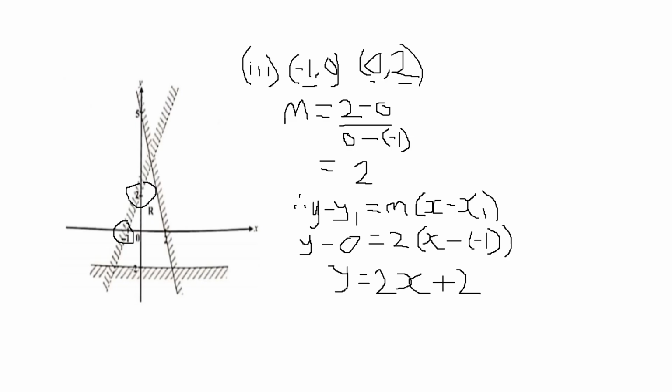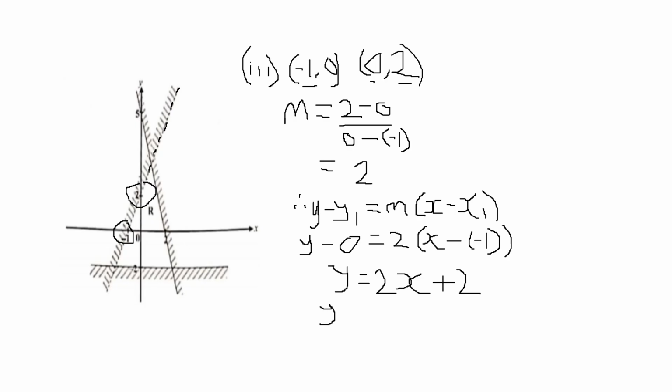Since y is already the subject of the formula, we look at the unshaded part of this line, and you can see the line is broken. The dotted line is not a straight line, it is broken. So when you have a broken line, you have to write your final answer in this way.